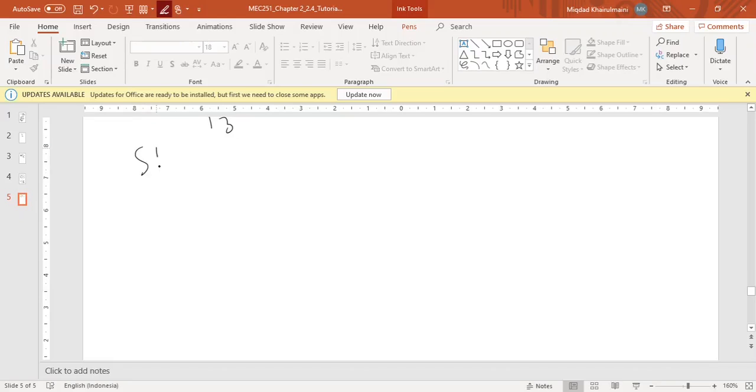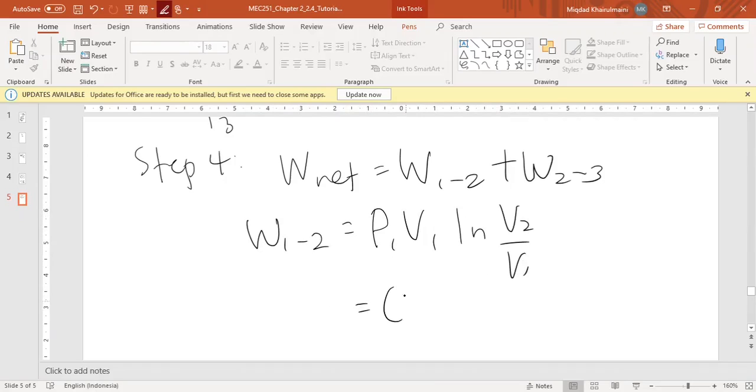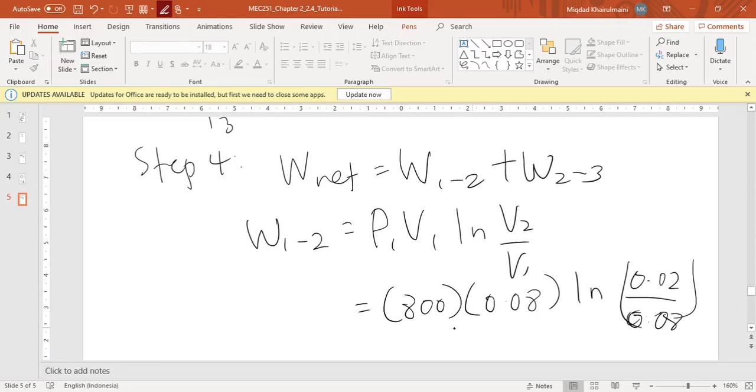So net work we know is work 1-2 plus work 2-3. Work 1-2 is an isothermal process, so we use ln V2 over V1, we can calculate it. ln of 0.02 over 0.08, times 0.08 times 800.